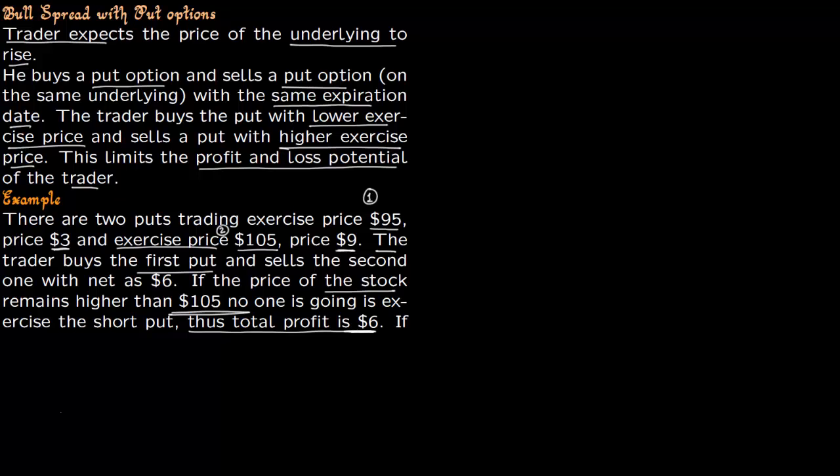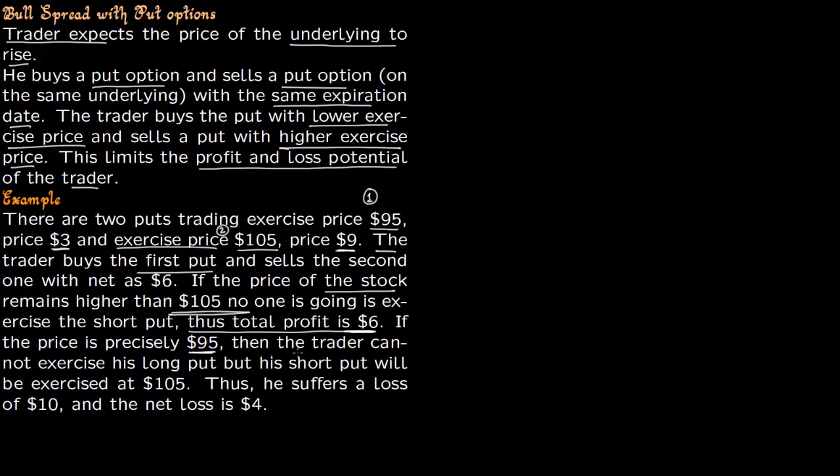Now if the price is precisely $95, then the trader cannot exercise the put 1 which he has bought, because the price is 95. So he cannot exercise his long put. But the put he has sold, number 2, this short put will be exercised at $105.